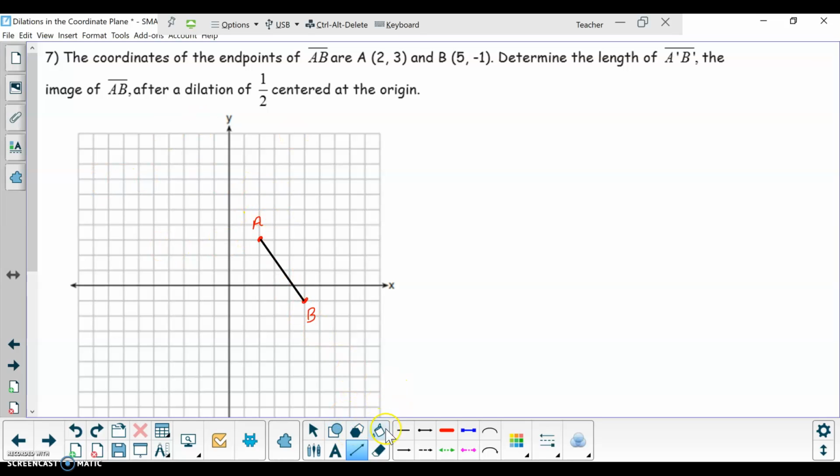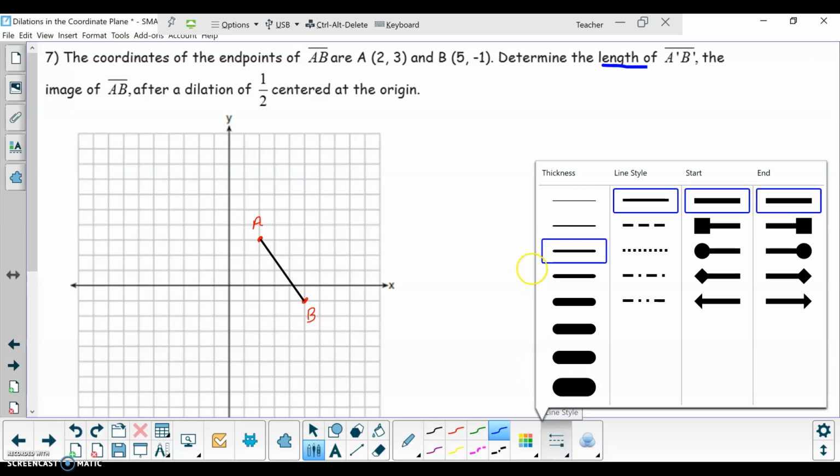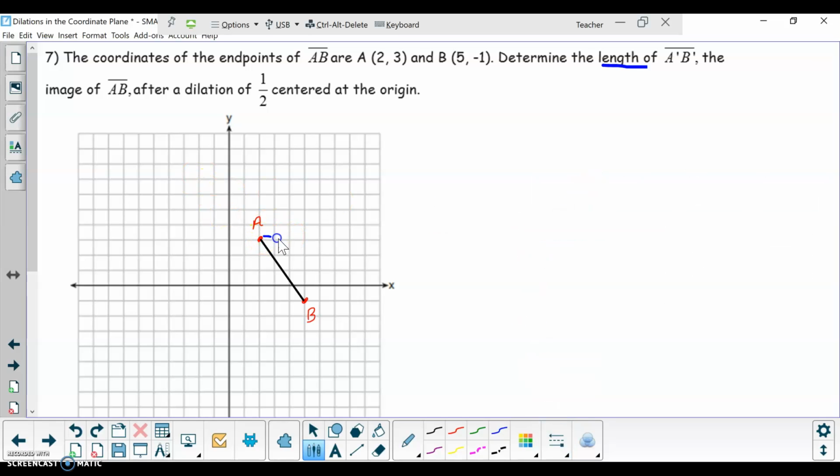So here it's asking for length. Length is the same thing as distance, and to find distance, we like to use the Pythagorean theorem. So we're going to draw in our little right triangle. We have a length of 3 and a length of 4.